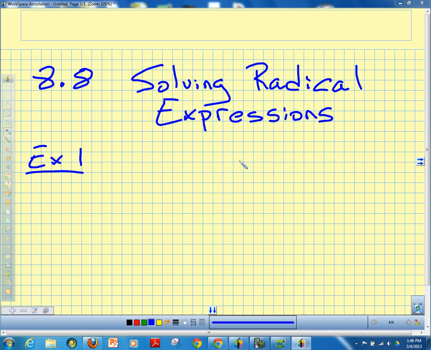So, solving radical equations. First example is 12 equals 4 square root of 2x plus 1.